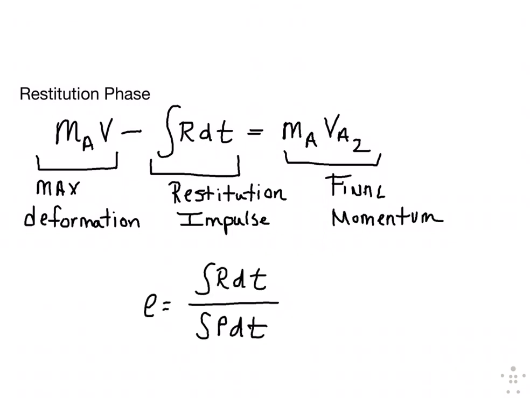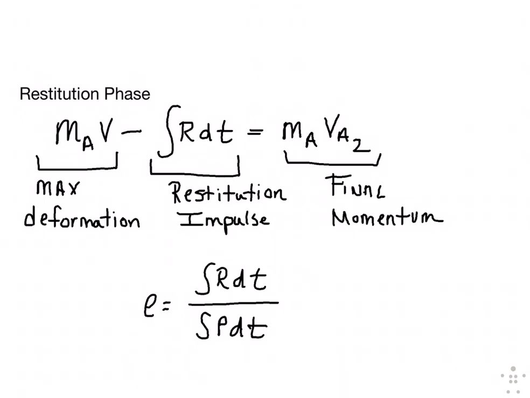Now we learned that the coefficient of restitution is equal to the relative separation velocity divided by the relative approach velocity. Well, this is just the restitution impulse divided by the deformation impulse. So this is the approach, the deformation, and then this restitution is the separation velocity. So you can probably see where this is going.